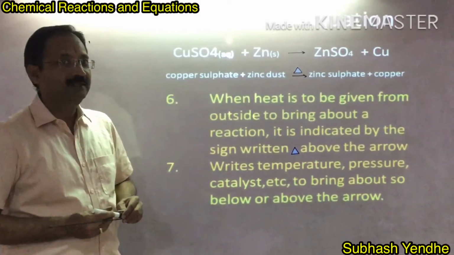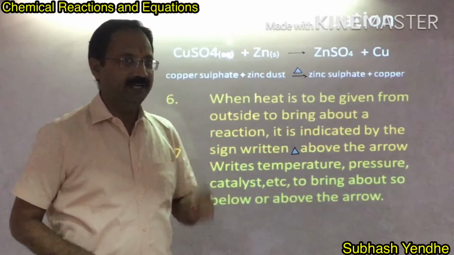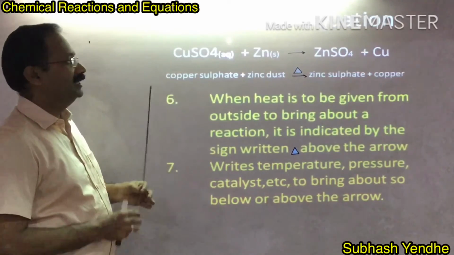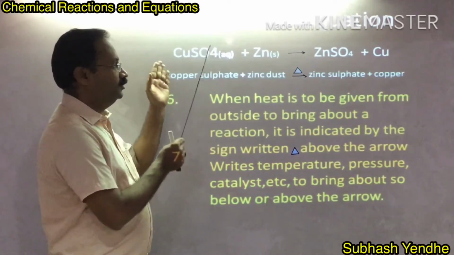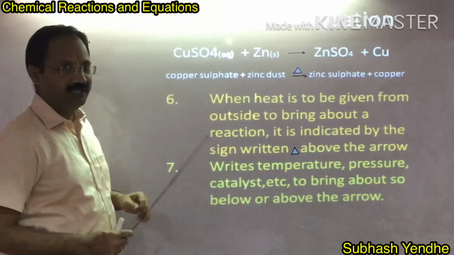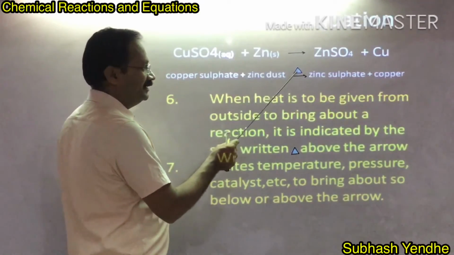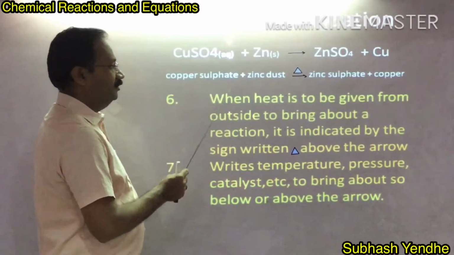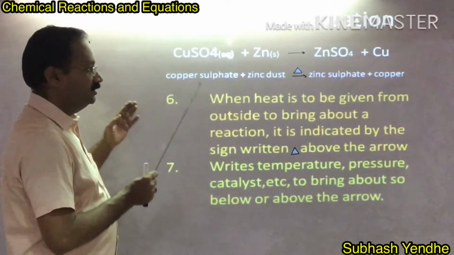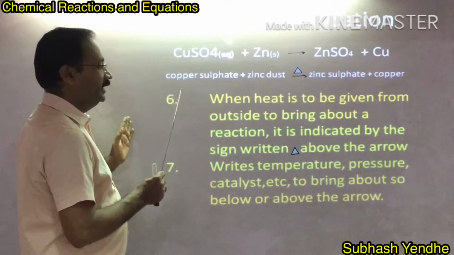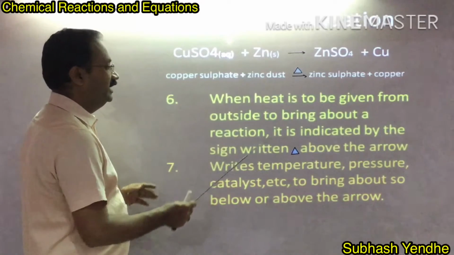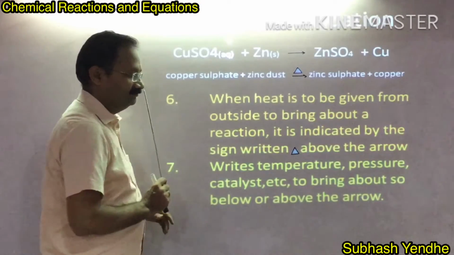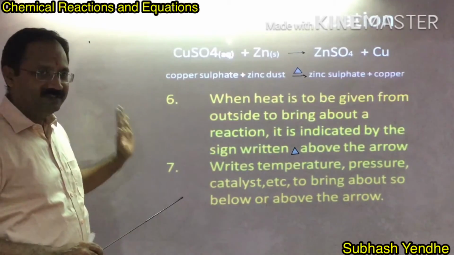Now let's write point number 6 and point number 7. If you want to give heat to the chemical reaction, then you have to show the triangle here, which indicates the heat. When heat is given from the outside to bring about the reaction, it is indicated by the triangle sign written on the arrow. Then point number 7.